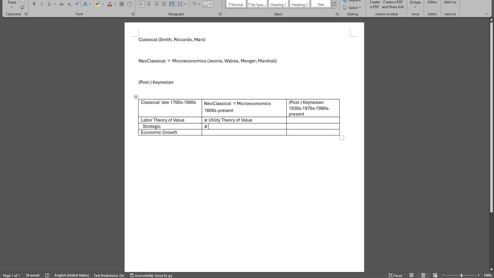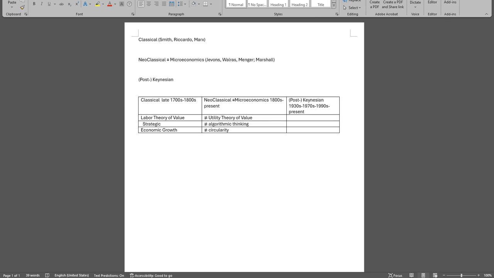Okay, so big change. Utility theory of value is the biggest revolution. It's often called the marginalist revolution because it's talking about the marginal utility, the next additional increment, its eventual drop in value compared to the value of the increment before it.